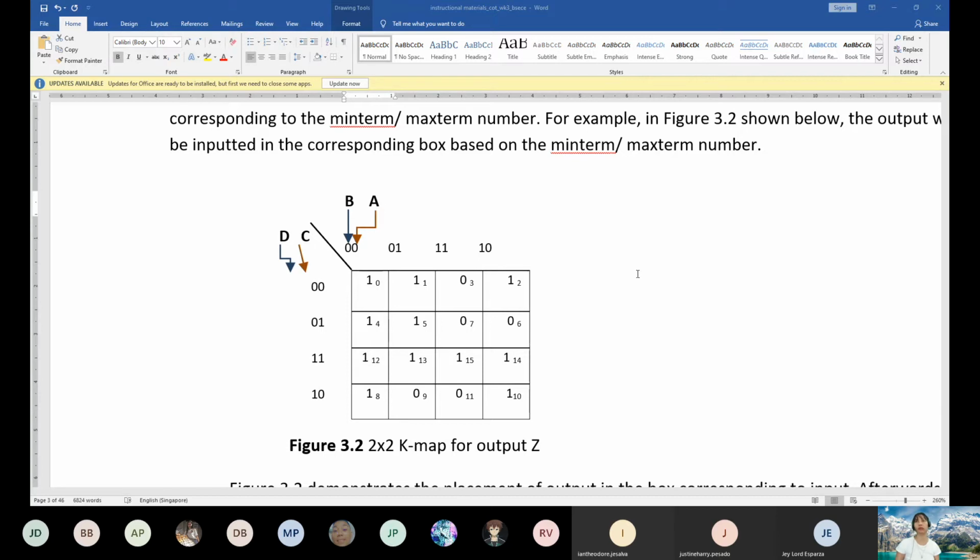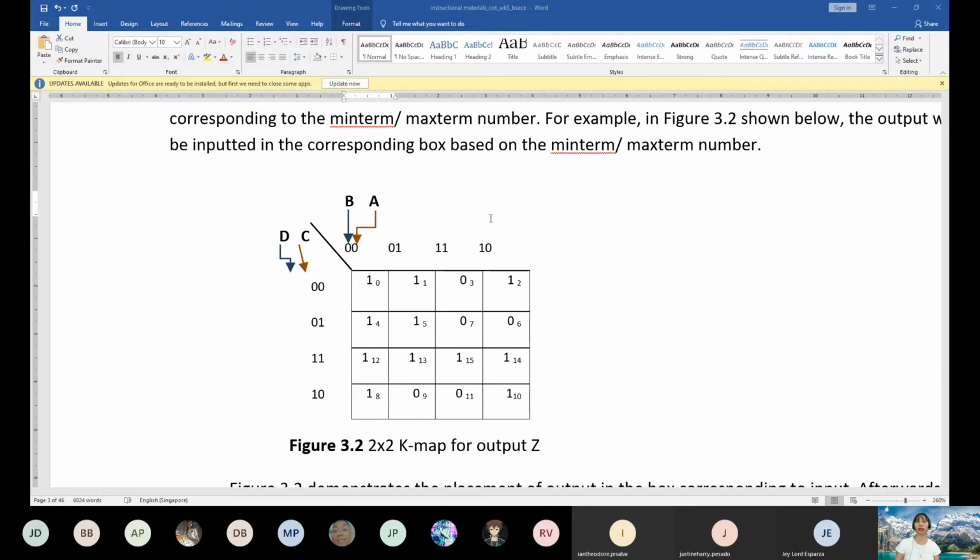Input 6 is 0, 1, 1, 0. Input 7 is 0, 1, 1, 1. Input 8 is 1, 0, 0, 0. Input 9 is 1, 0, 0, 1. Input 10 is 1, 0, 1, 0. Input 11 is 1, 0, 1, 1. Input 12 is 1100. Input 13 is 1101. Input 14 is 1110. And lastly, input 15 is 1111.